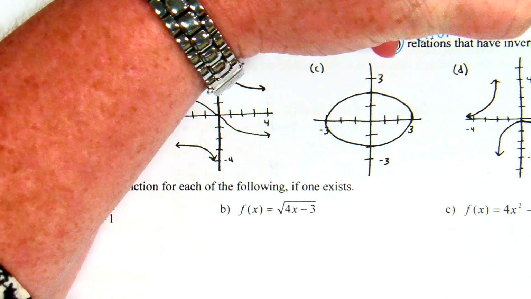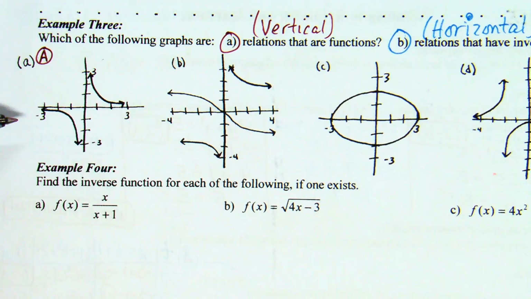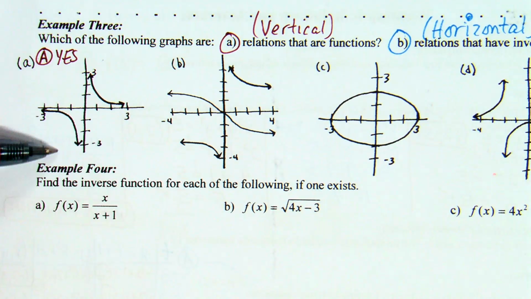If you would, graph A. As I said, 2 questions here. Question A: is this an example of a function? Yes, because if it's a function, it passes the vertical line test. Part B: we know it's a function, does this function have an inverse?